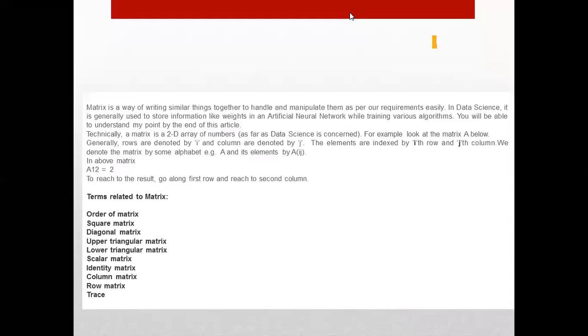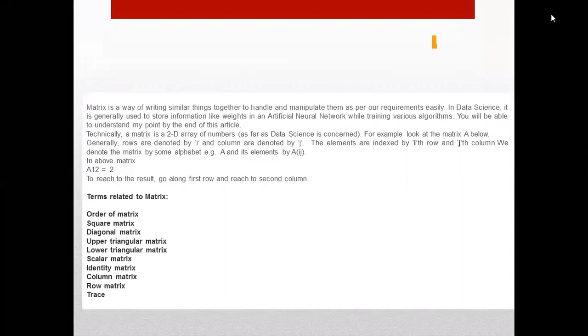So what are these? The order of the matrix is nothing but how you represent the number of rows and number of columns. So if the order of the matrix is 3, 4, it means 3 rows and 4 columns. So you can represent any matrix by its order. The first dimension should be the row and the second dimension should be the column.